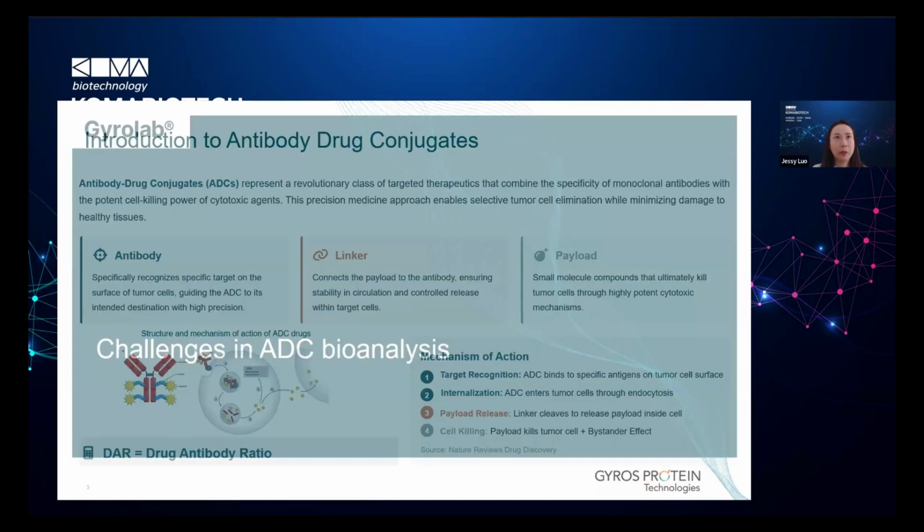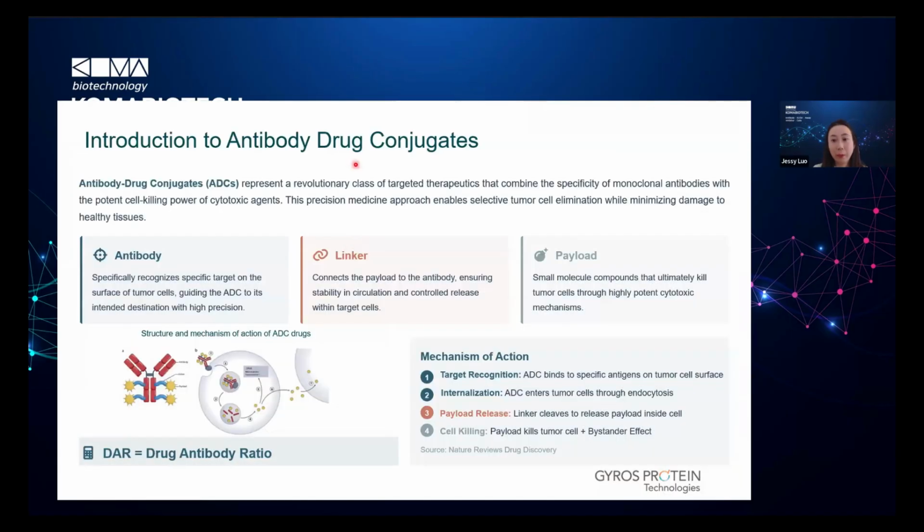Okay. So I think for antibody drug conjugates, everyone is quite familiar because this is a really booming topic in the biopharma industry. This drug is more complex than monoclonal antibodies. It has three parts: antibody, linker, and payload.